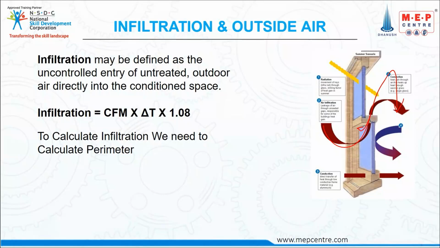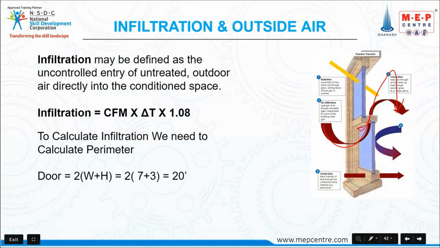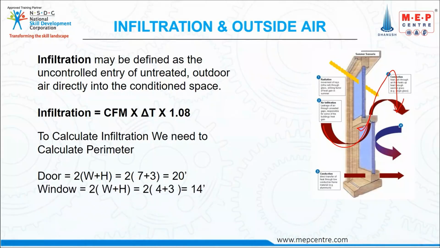What is the formula for perimeter? Two into width plus height. 2 into width plus height, which equals 2 into 7 plus 3 for the door, which is 20. For windows, 2 into width plus height, 2 into 4 plus 3, which is 14 feet.